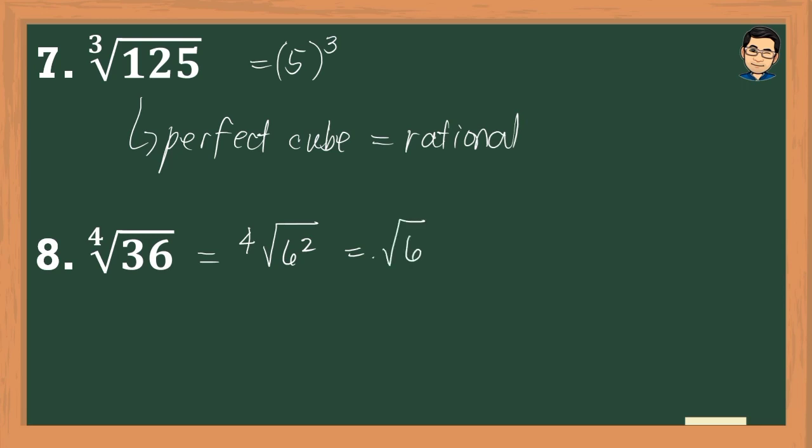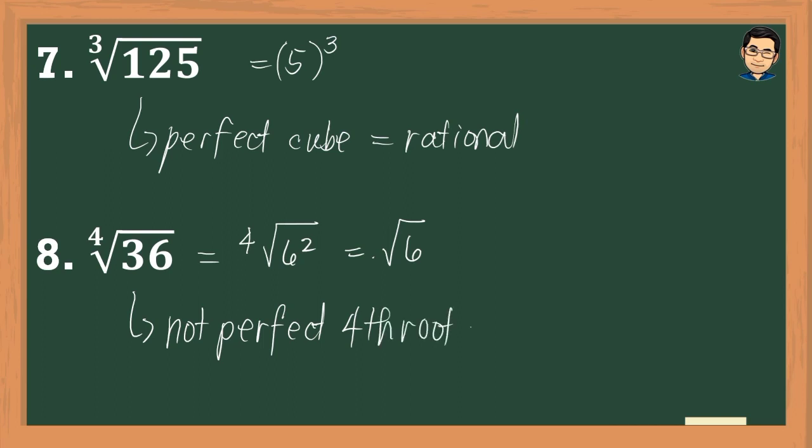However, square root of 6 is not a perfect square. So yung fourth root of 36, not a perfect fourth root. So irrational po. So yung fourth root of 36, ang approximate value niya is 2.45.